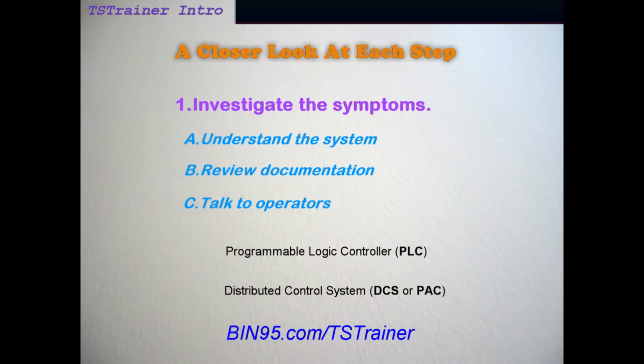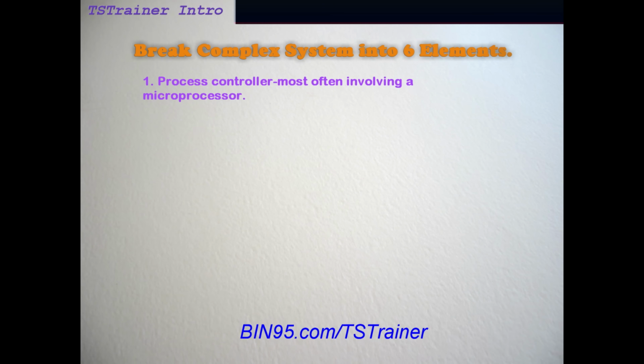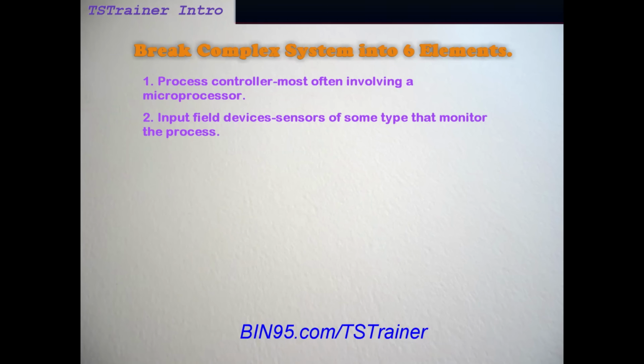Generally, you won't know where the problem lies. Because of this, keep the big picture in mind. Start by breaking down even the most complex system into the elements that follow. 1. Process controller, most often involving a microprocessor. 2. Input field devices, sensors of some type that monitor the process. 3.